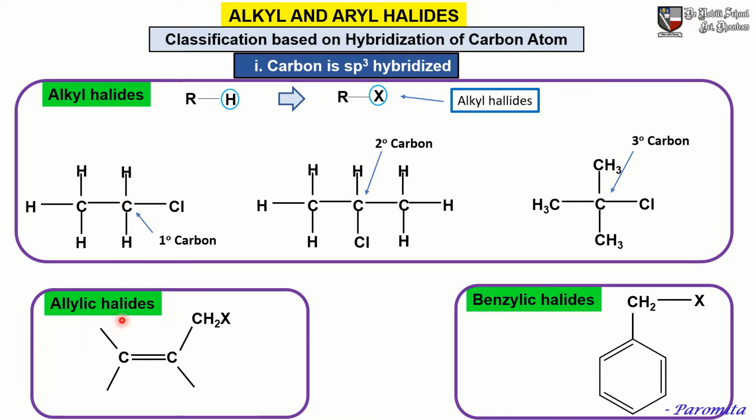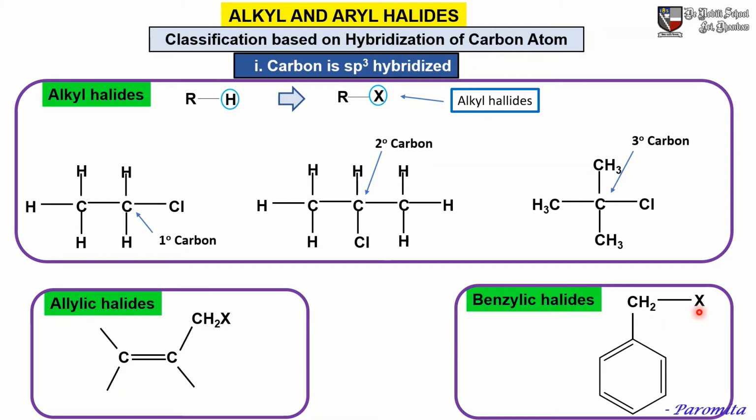Now let us discuss allylic halides. In this, the halogen atom is bonded to the carbon atom next to the carbon-carbon double bond. Here also, notice that this carbon that is attached to the halogen, this carbon is sp3 hybridized. Now, what about benzylic halides? In this, the halogen atom is bonded to a carbon atom that is attached directly to a benzene ring.